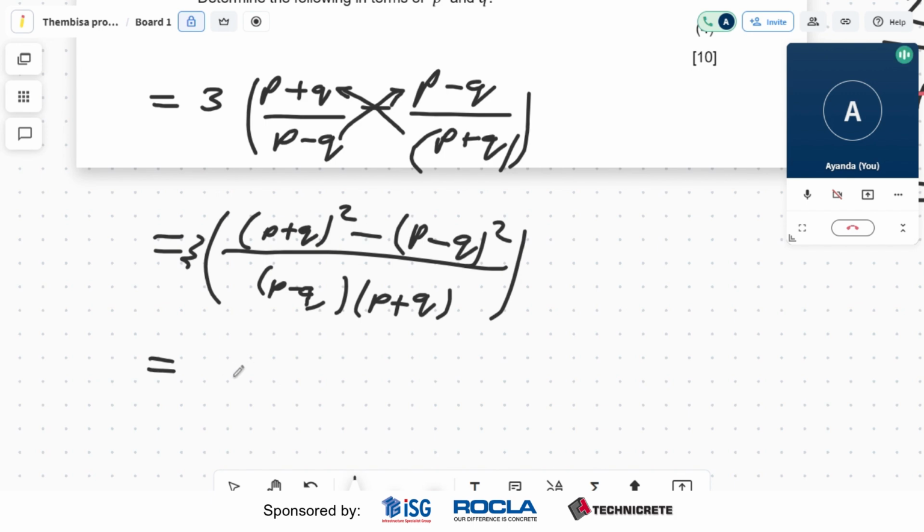Next, we're going to square the binomials. To square a binomial, you take the square of the first number. So this is going to give us p², 2 times the sum of the two terms. So p times q is pq, times 2 is plus 2pq, plus q².